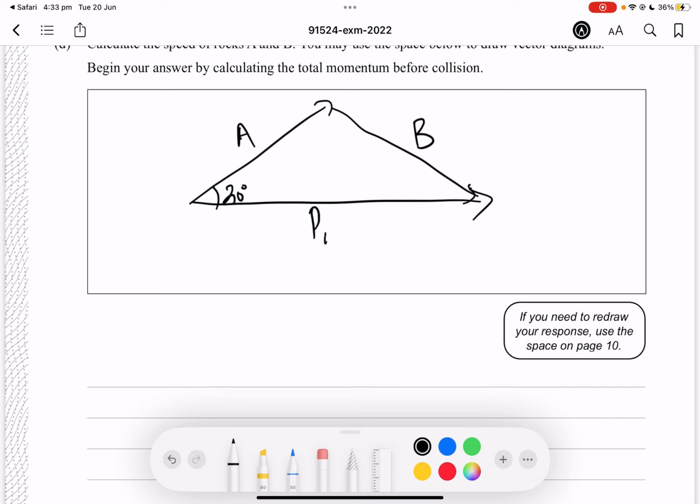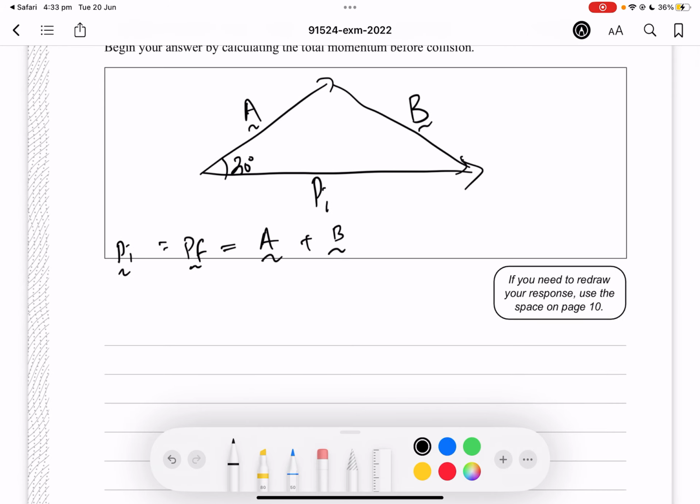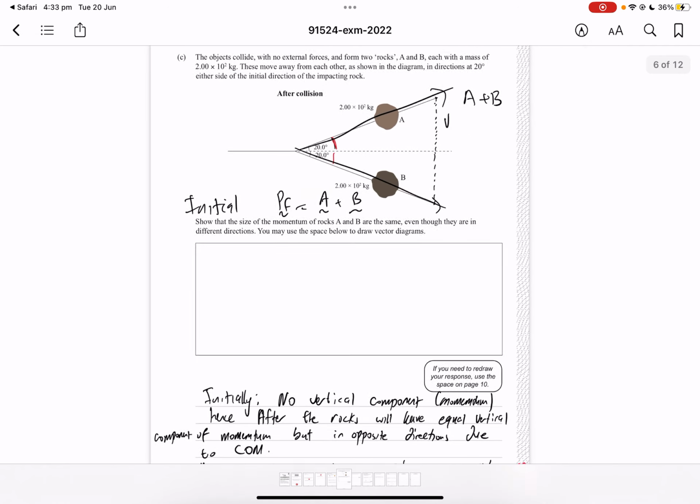This will be some PI, this will be some A, this will be some B. Like we said before, PI, the initial momentum, is equal to the final momentum, which is the momentum of A plus the momentum of B. Remember, they're vector quantities, so they have both size and direction. We can calculate the magnitude of PI using P equals mv, so PI equals some m times v, which was equal to something.